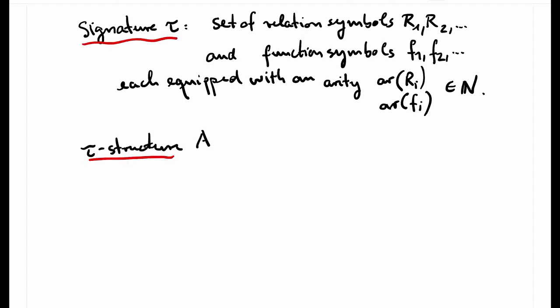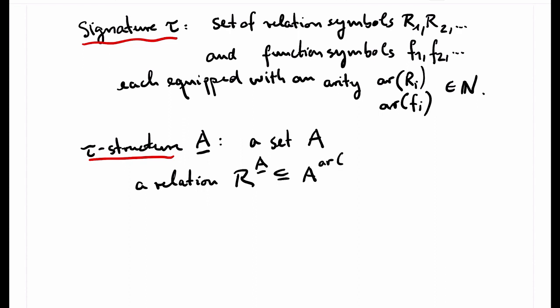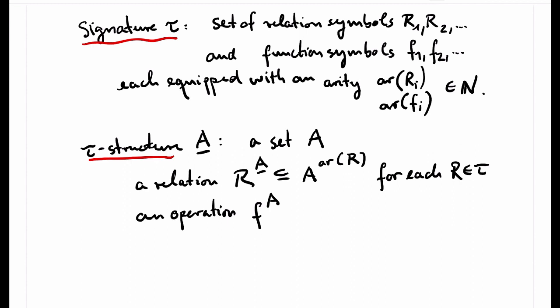A tau structure consists of a set, also called the domain or universe of the structure, and for each relation symbol in tau, a relation of the corresponding arity, and for each function symbol in tau, an operation of the corresponding arity. Note that by using superscripts, I really make a distinction between the symbols and the corresponding relation or operation.